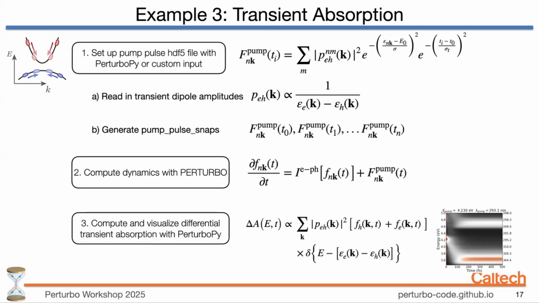So you first compute your transient dipole amplitudes, or you just leave them as a constant, and then you read them in to generate these snapshots of F pump. And with these snapshots, we're now ready to time evolve the RTPT. So the following equations will be time evolved, and then with the populations, you can get the transient absorption signal with Perturbo-Pi or compute other quantities that are of interest.